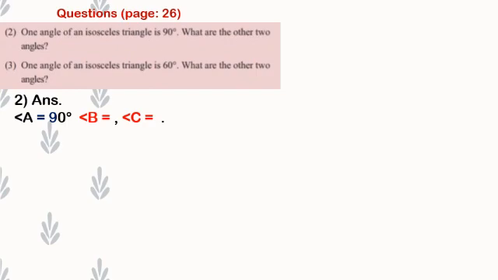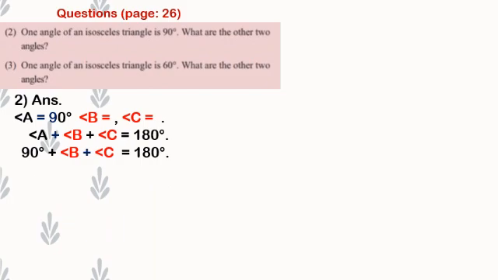Very simple, right? You can do it by mental calculation. Otherwise, you can use the sum of angles is 180°. Let us write angle A plus angle B plus angle C equals 180°. If we substitute angle A equals 90°, we get 90° plus angle B plus angle C equals 180°.